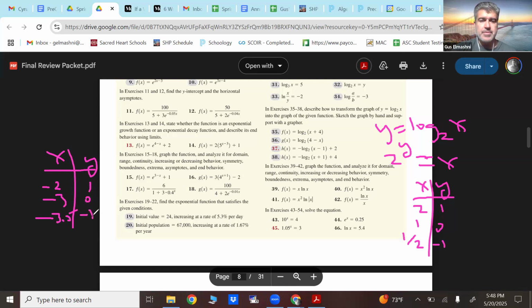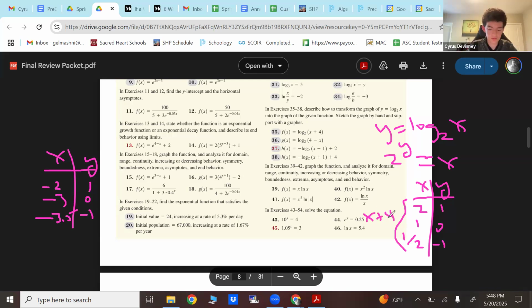You're going to plot those points. What you're doing is you're setting each of these equal to x plus 4. So it's x, negative 2, negative 3, and negative 3.5. And the asymptote will be at -4 for x. Okay, so then it goes 1, 0, -1.